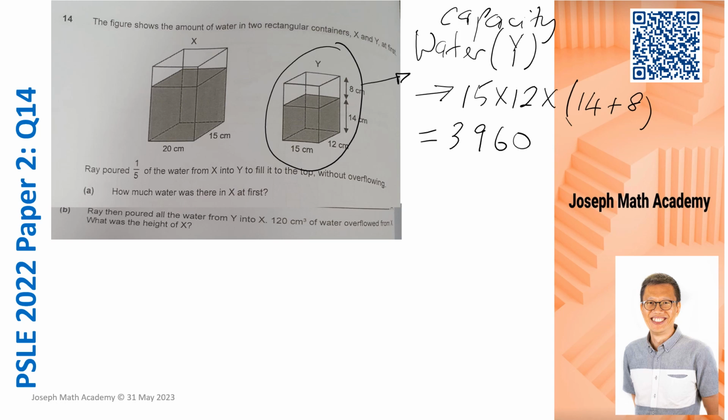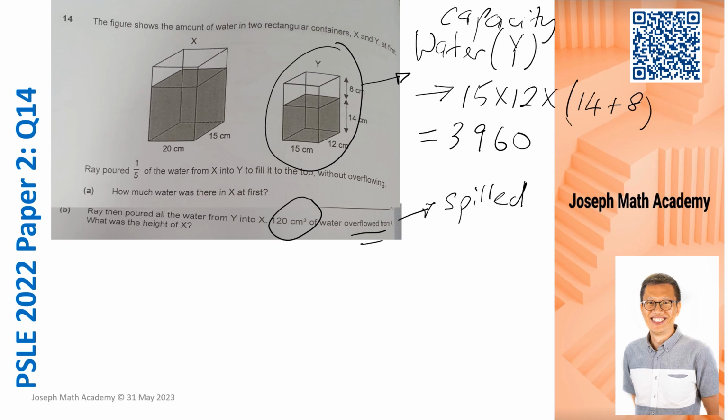So 3,960 ml should be the capacity of container Y. Now this 3,960 is then poured into container X as said in part B. Now when 3,960 ml of water was poured into container X, 120 cubic cm of water overflowed. That means it is spilled.